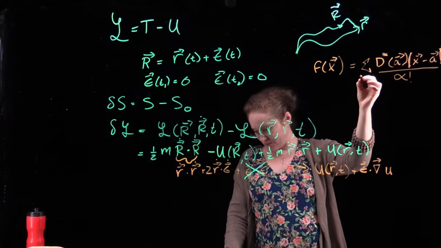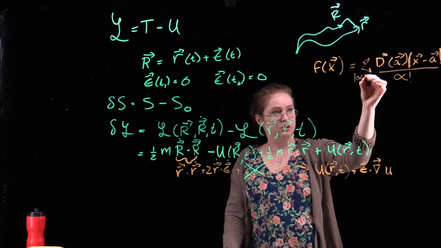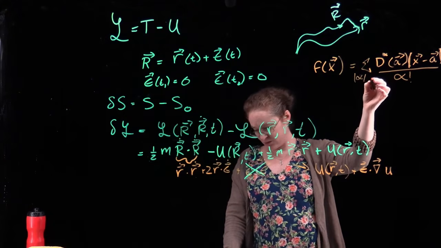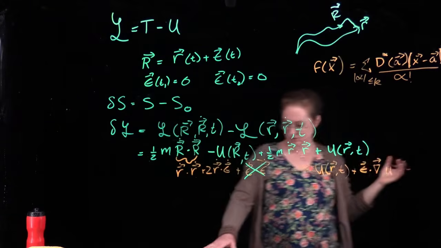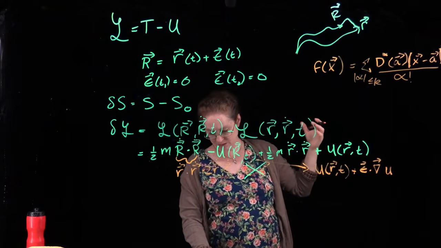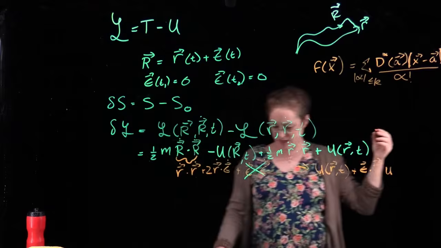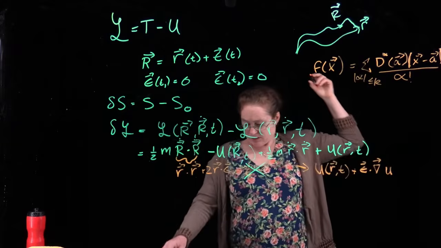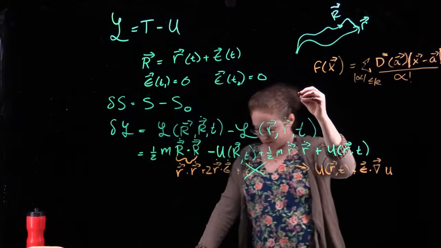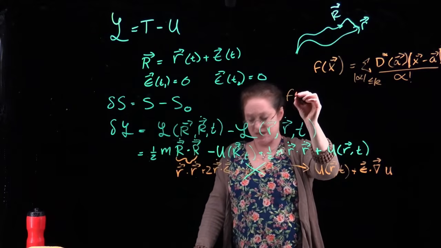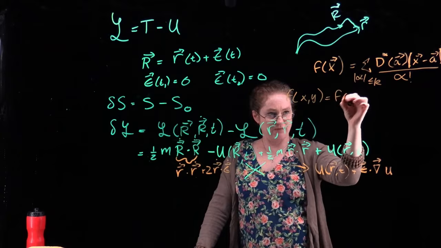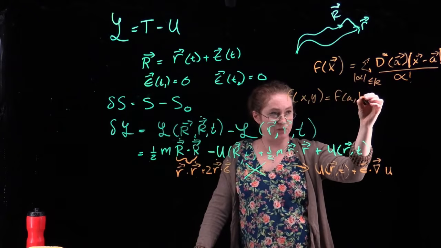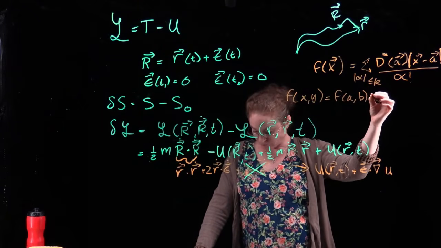You're keeping fewer terms, though you can go to infinitely high terms. Now in practice, what this means is that you can take f of x and y and describe it as f expanded about the point a, b.